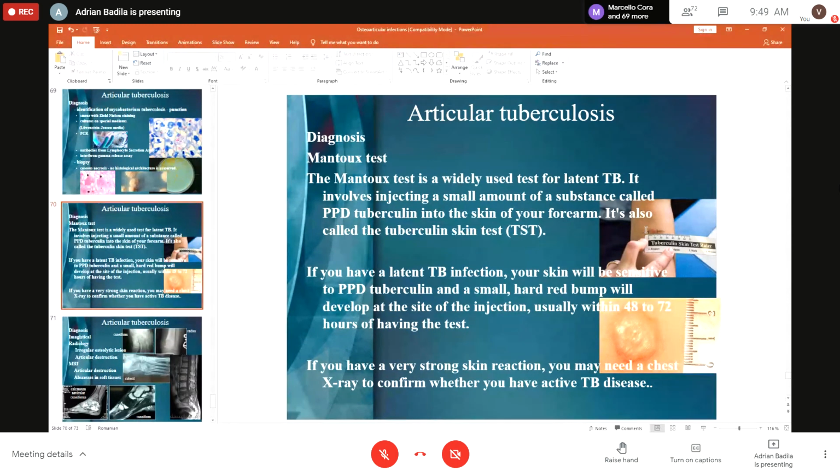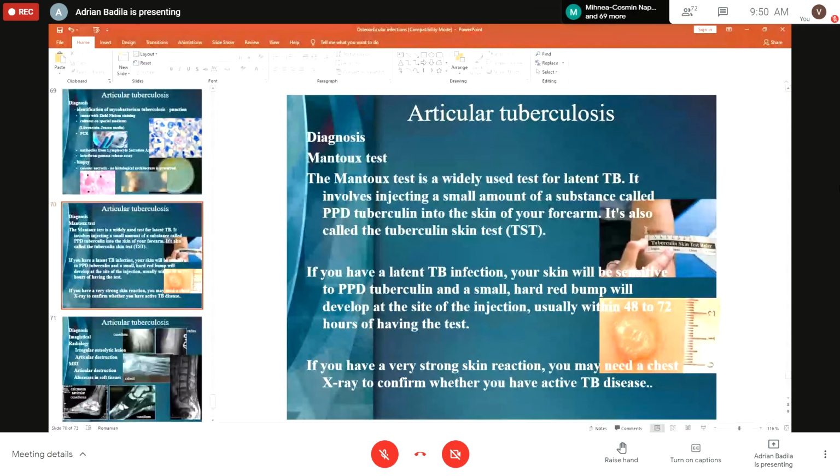Normally, all of us are vaccinated against tuberculosis, and that will lead to a reaction in the skin, but this is a smaller area. If you have an active tuberculosis, the red area will be greater, and you can have also a pustula like in the image.